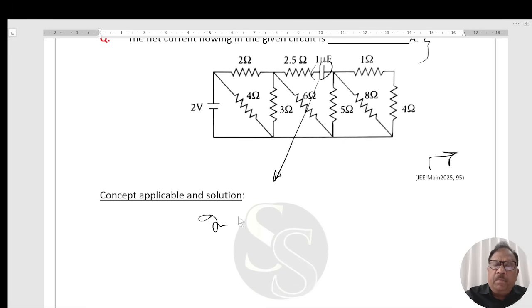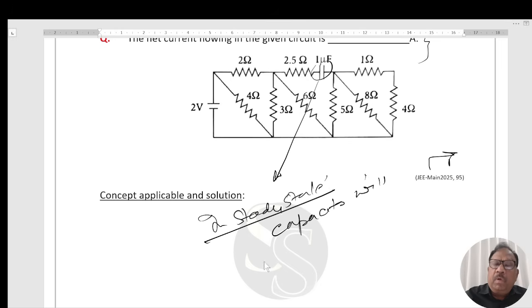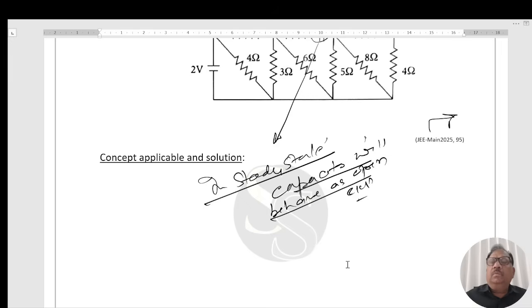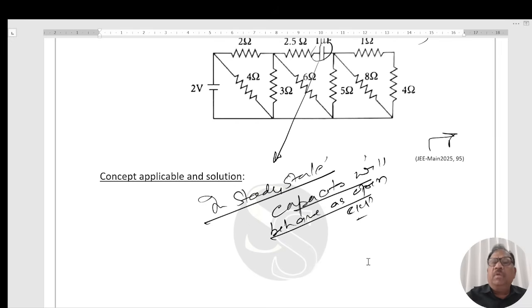In a steady state, capacitor will behave as an open circuit. In the open circuit, this branch is open, so this will have no meaning.